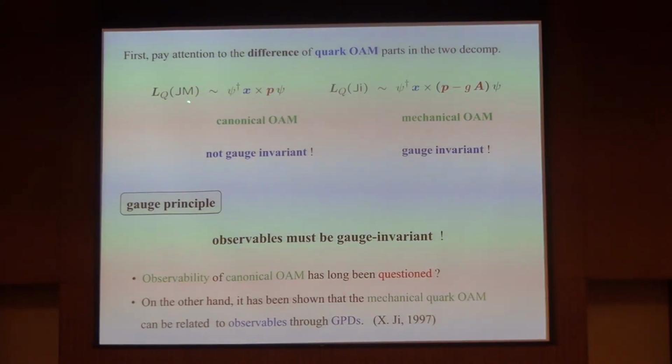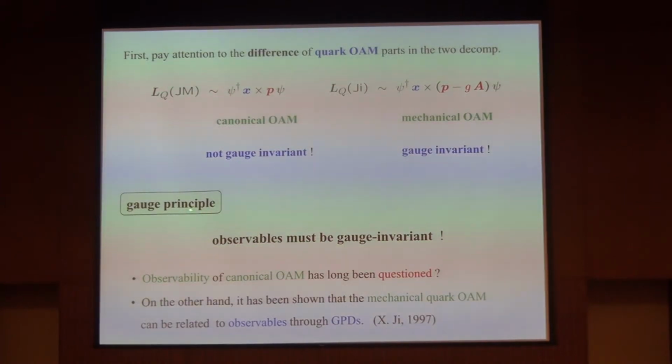What appears in the Ji decomposition is a so-called canonical OAM, X cross P, which is not gauge invariant, of course. On the other hand, what appears in the Ji decomposition is a mechanical OAM, X cross (P minus gA), which is manifestly gauge invariant.